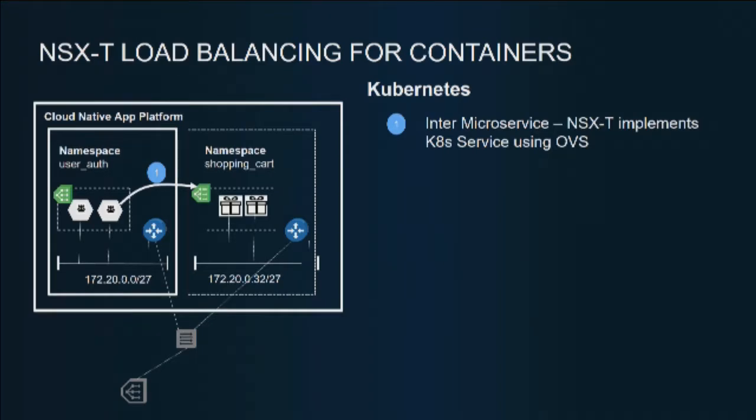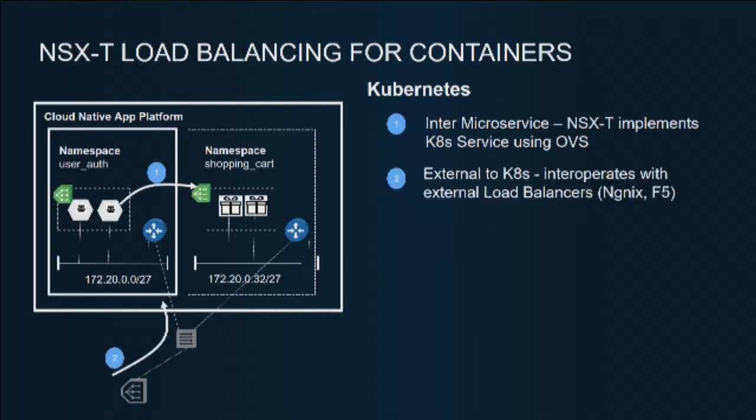As you try to load balance between two microservices, you use the Kubernetes service abstraction. The Kubernetes service exposes an app, and when you talk from this user identity app to that shopping cart app, traffic is actually being load balanced using Open vSwitch to those backends.